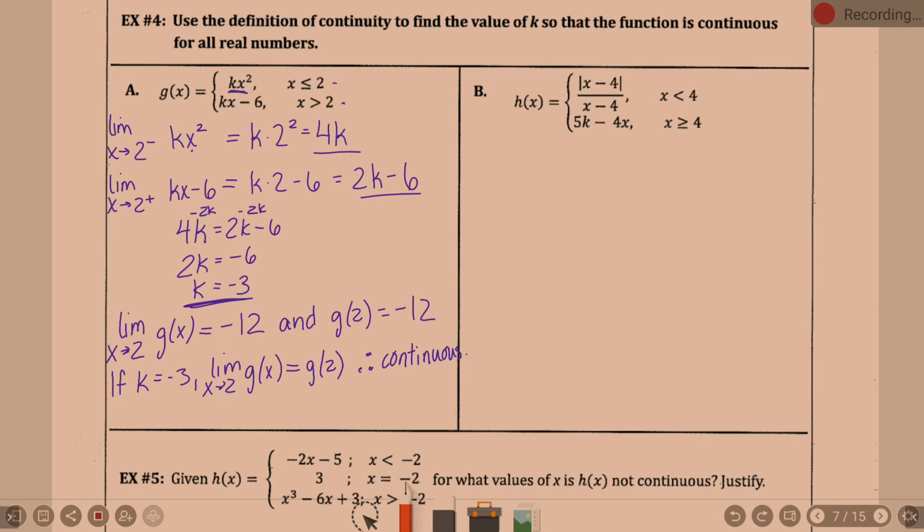What do we need to consider? We're trying to find what that k value is going to be. So, limit from the left and right of what value? 4. So limit from the left of 4. Which equation am I using there? The absolute value of x minus 4 over x minus 4.